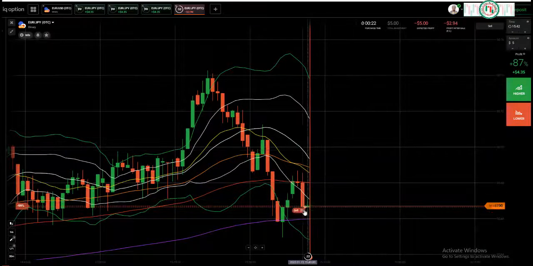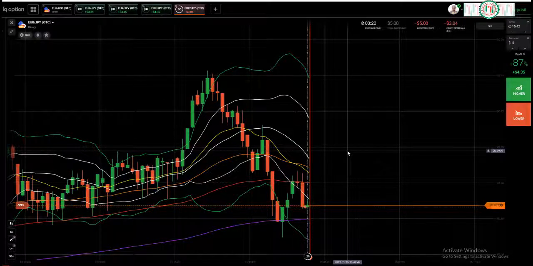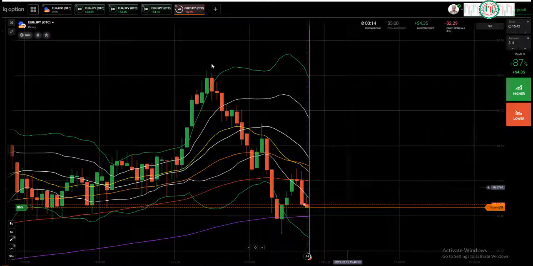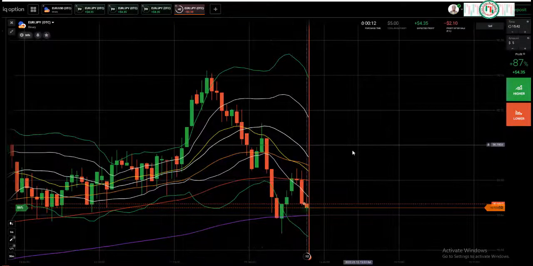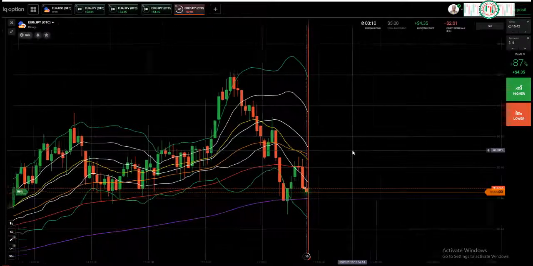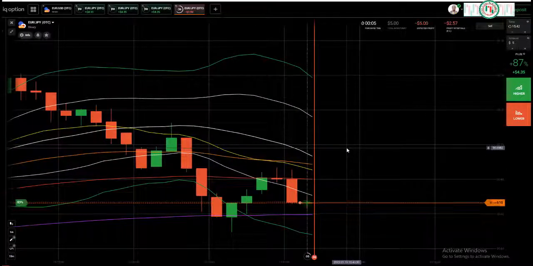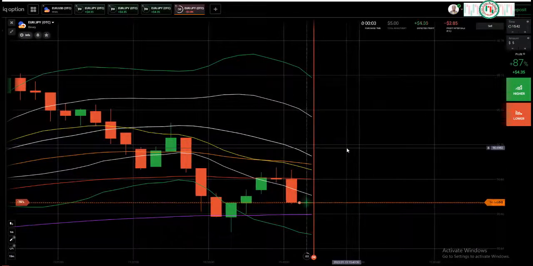So I know definitely it will give me another winning trade because this is the reversal pattern and this is a pullback and momentum is down. So I know definitely sellers must enter. So that's why I place my trade put option.